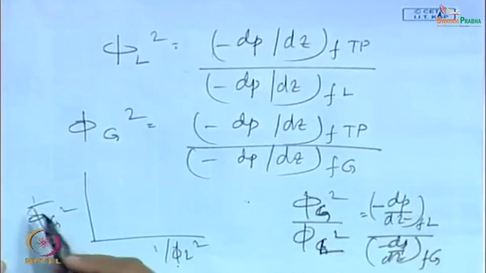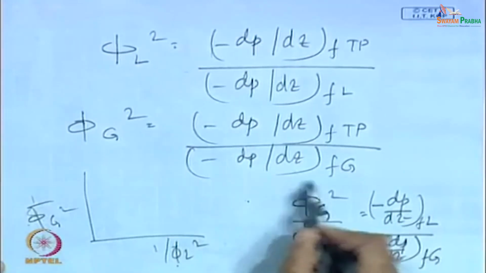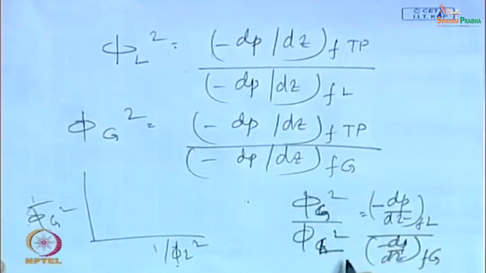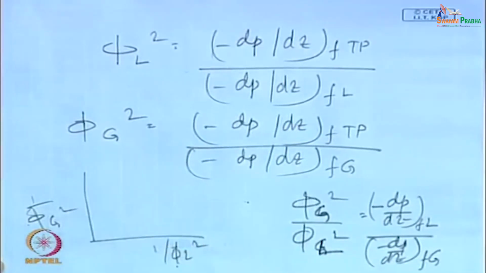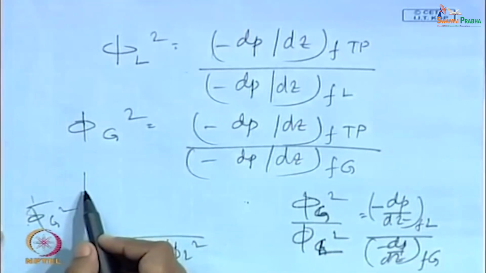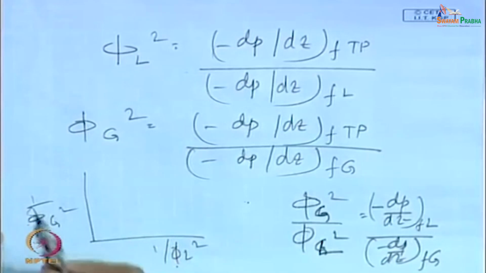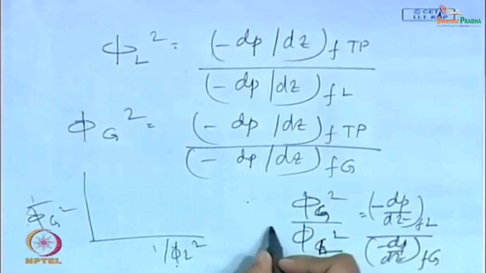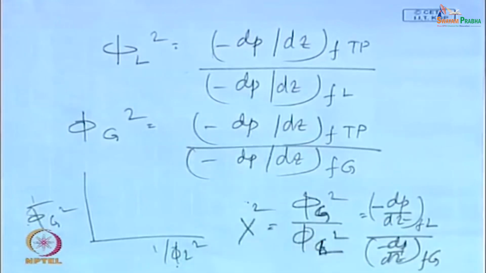So, now if phi L square or phi G square is plotted as a function of this ratio, then we know the x axis already, we can calculate it. Once we know this, we can calculate phi L square or phi G square, whatever is on the y axis, and we can find out the frictional pressure gradient in a much simpler fashion. So, this ratio is denoted as capital X square.